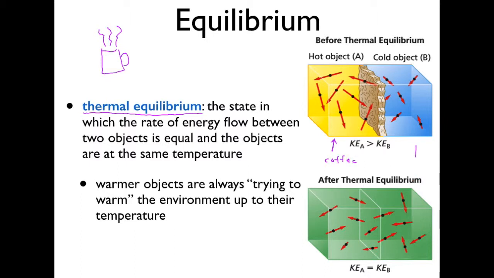Our coffee is trying to warm up the room. It obviously doesn't have enough energy to do that. So then our coffee and our room are going to reach equilibrium where they're at the same temperature, and so that means they are at the same kinetic energy. Remember, your warm objects are trying to warm up the energy to their temperature. You never have something going from cold to hot. It just does not happen.